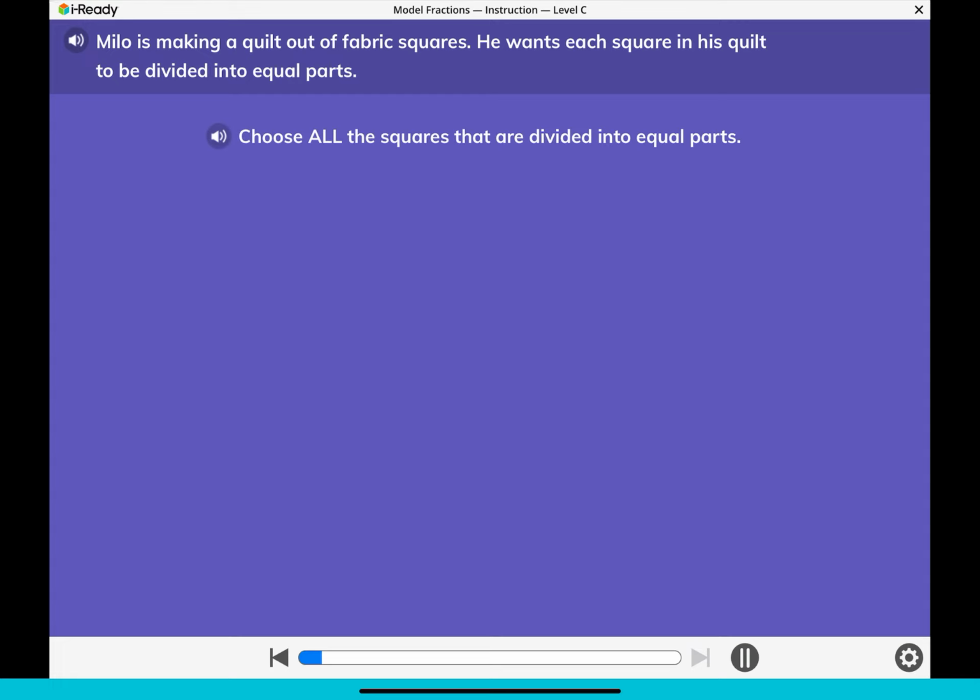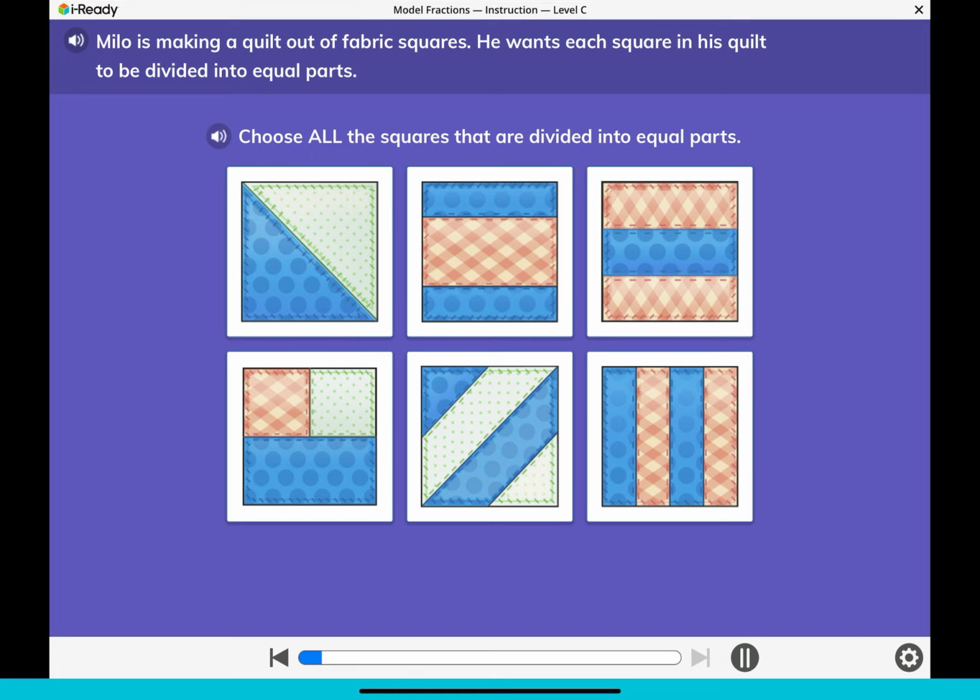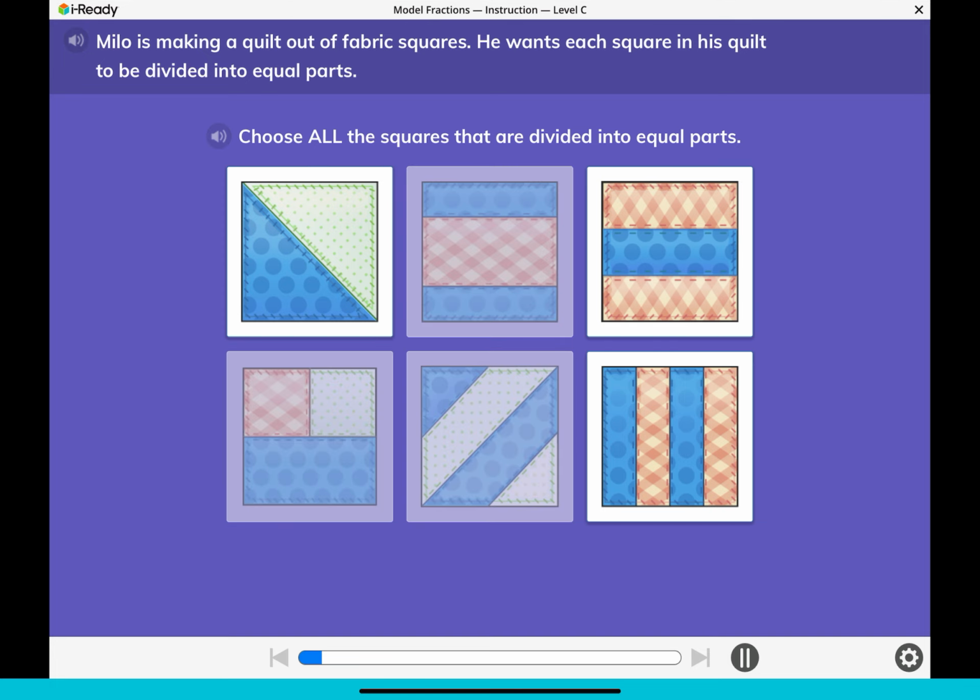Choose all the squares that are divided into equal parts. Good job!